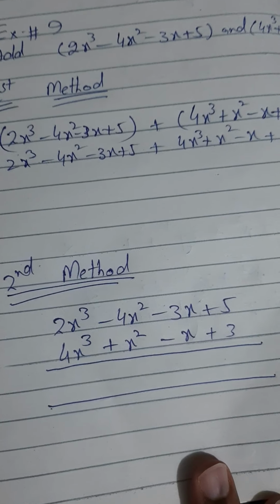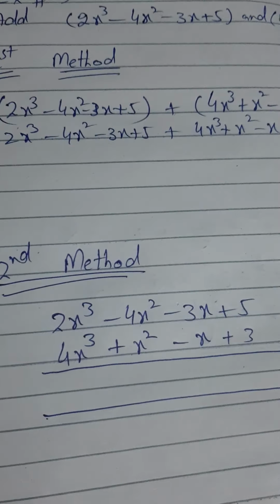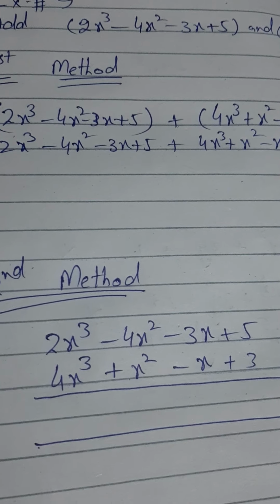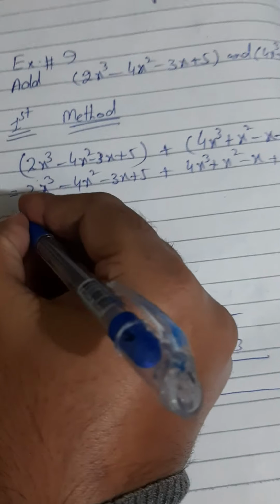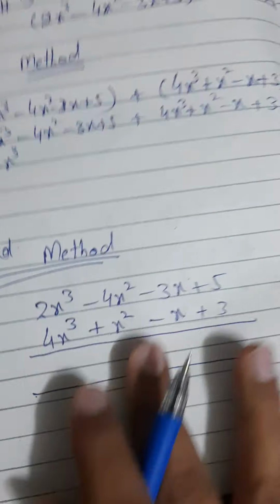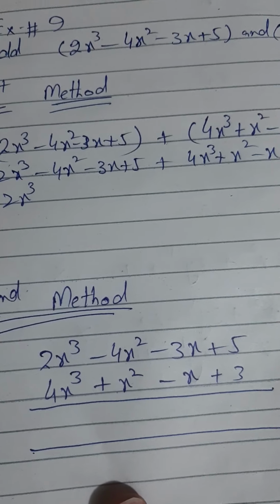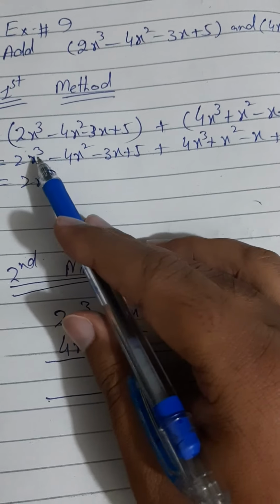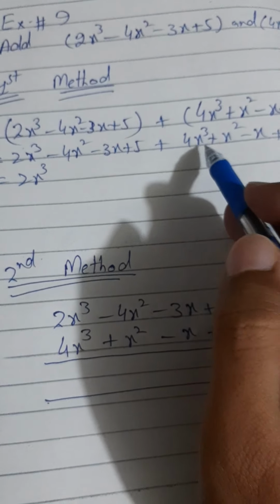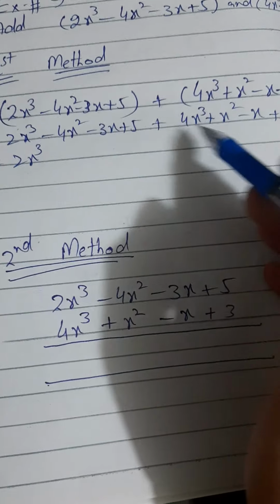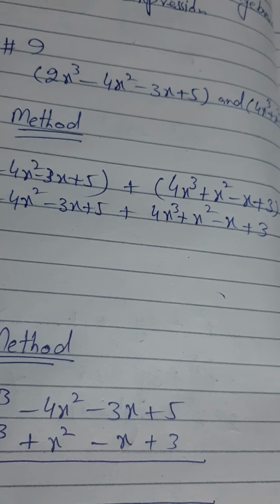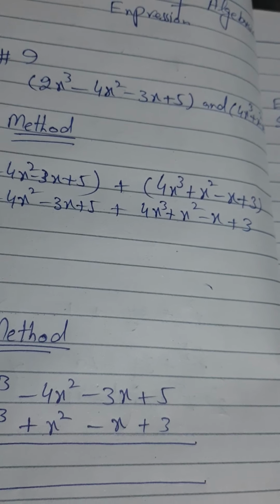Now next step is we have to arrange according to like terms. So if I write 2x cube first, which is like term with this 2x cube, we have 4x cube. Because there are two conditions for like terms, variable should be same, variable is x, so no need to check variable because there is x in all terms. And second thing is that we have to check the exponent of the variable.